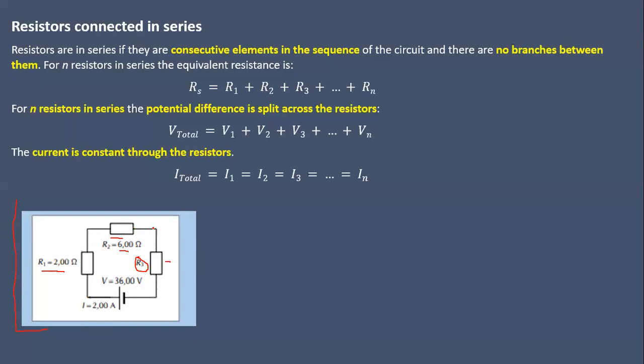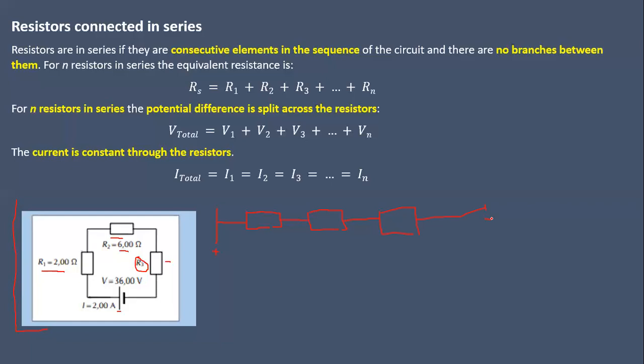If for example you were to stretch this out, to pull it apart, you would have the positive terminal of the battery here, then the connecting wire, then your first resistor, then your second resistor, then your last resistor, and then the negative terminal of the battery.